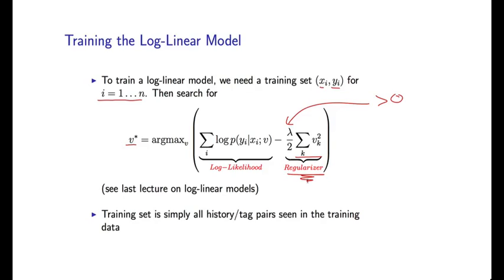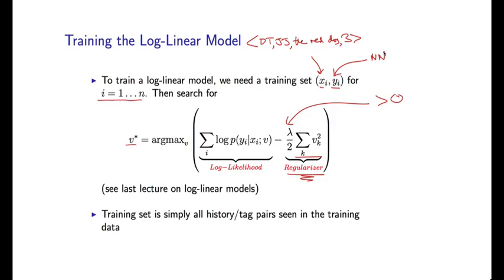So concretely, in log linear taggers, our training set, these (x_i, y_i) pairs, is going to be a set of examples where each x_i consists of a history, for example DT JJ the red dog 3. So remember, a history consists of a pair of tags, the sentence, and the position that is being tagged. And each y_i is going to consist of a part of speech tag.